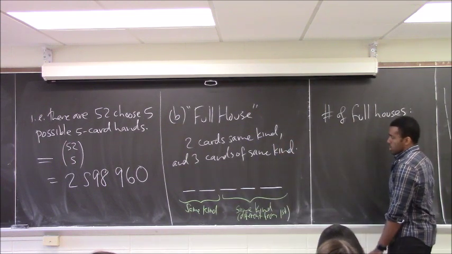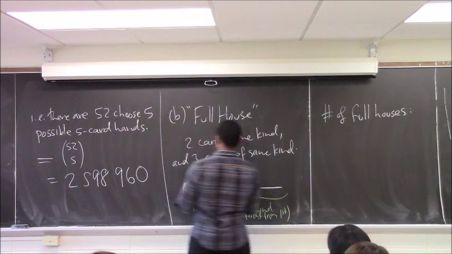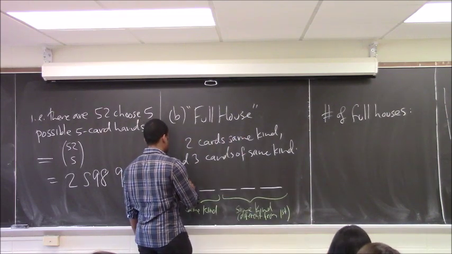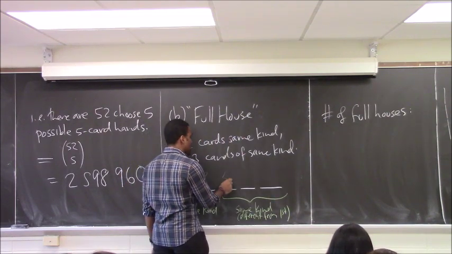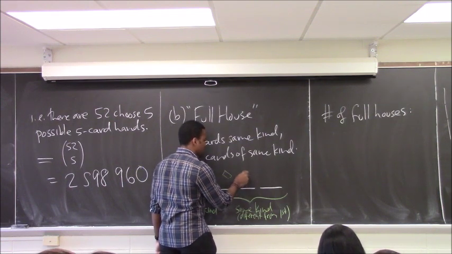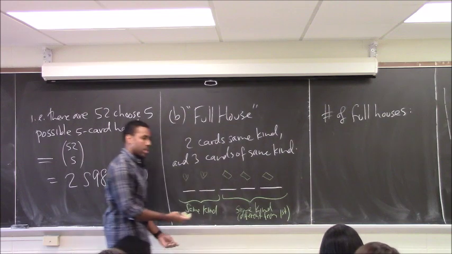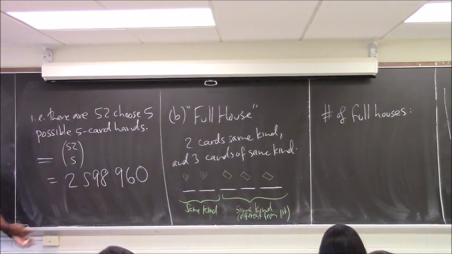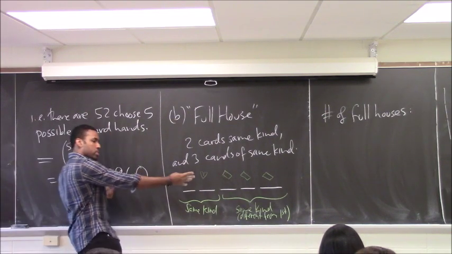Okay. So these could be 2 hearts, and these could be 3 diamonds. Right, so something like that. You get 2 hearts and 3 diamonds, that's a full house. So you can get 2 clubs and 3 spades, that's a full house.